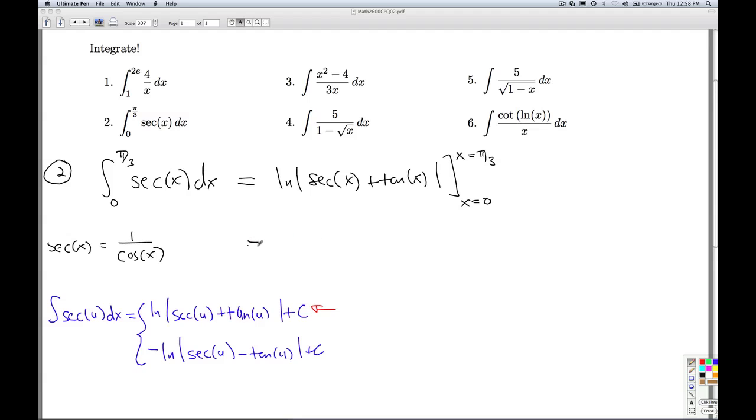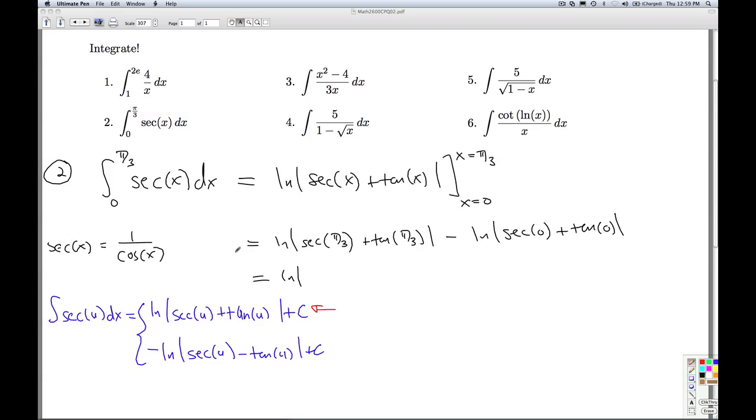So this is equal to the natural log of the absolute value of secant of pi over 3 plus tangent of pi over 3, minus the natural log of the absolute value of secant of 0 plus tangent of 0. This is equal to the natural log of the absolute value.